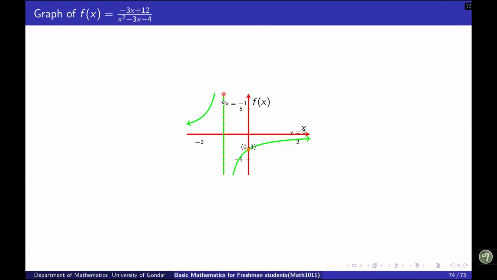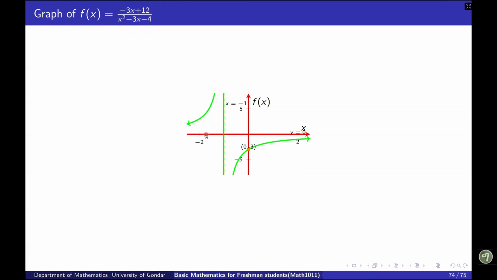That means the vertical asymptote, x equals minus 1. There is the horizontal asymptote, y equals 0, or the x-axis itself. And the property of the graph near the vertical asymptote: from the left side, when x approaches negative 1, it goes in the upper direction, and the graph approaches the horizontal asymptote from above.